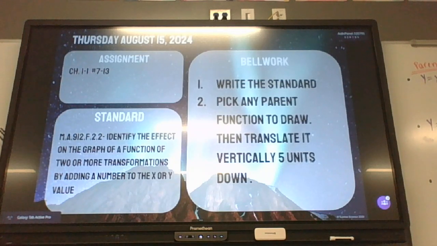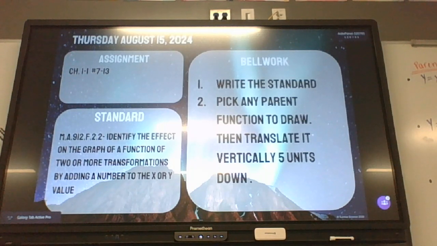So I'm going to give someone an opportunity to volunteer for some extra credit and come to the board and do number 2 here. If you volunteer, you can bring somebody with you. You guys can talk about it, and even if you get it wrong, you still get extra credit for coming to the board.